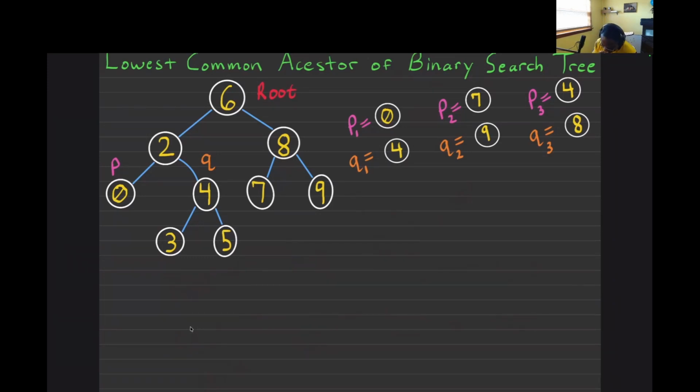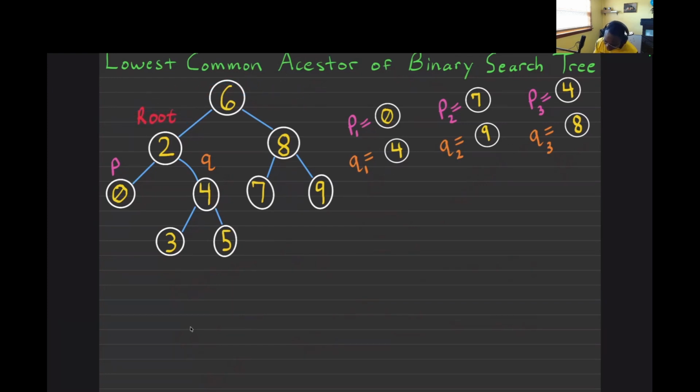So in this case, with the same logic I just mentioned here, let's just use our root value as reference comparison to our p dot value and q dot value. And I have 3 different test cases, okay? So with that being said, while there's a root, right? If the root dot value is greater than both p dot value and q dot value, let's go explore to the left, right?